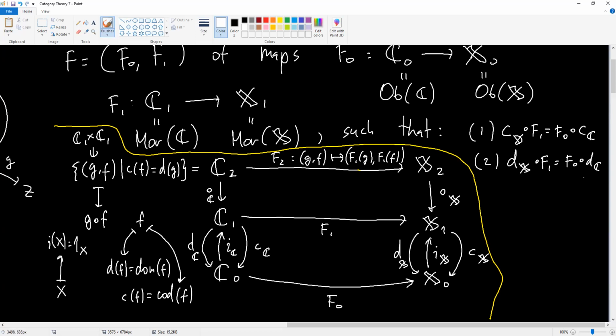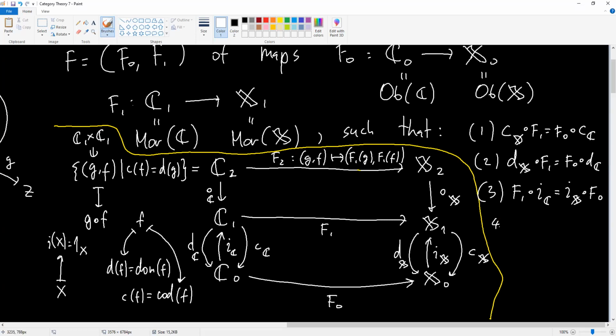So if I take a morphism, I map it by the functor, then the domain and the codomain of that mapped morphism will be the same as mapping the domain and the codomain of the morphism I started with by the functor. Then the equality we had about preservation of identity morphisms can now be written as F1 composed with I_C being equal to I_X composed with F0.